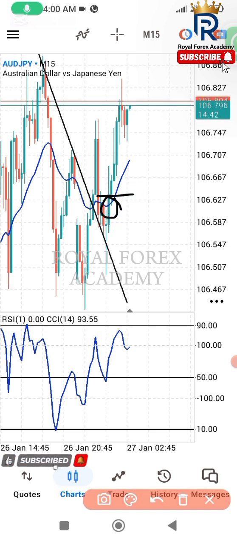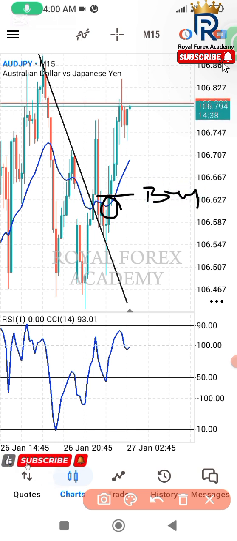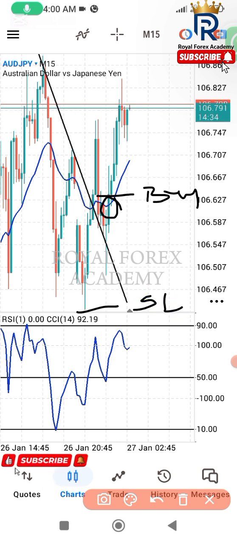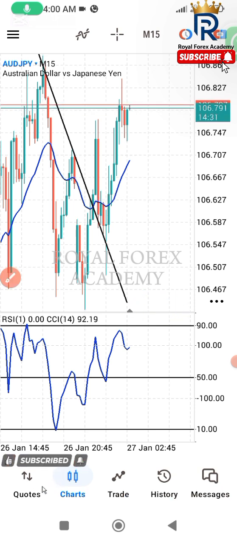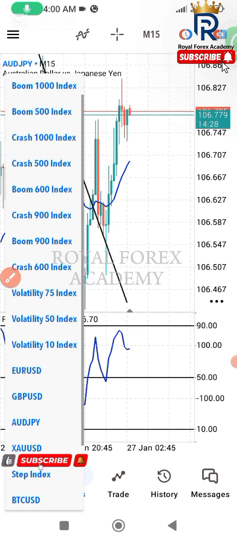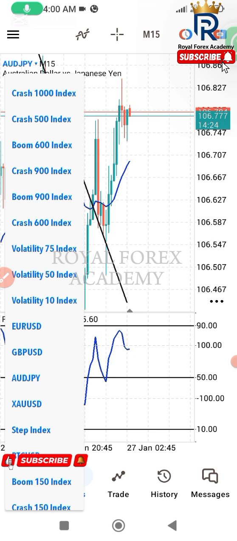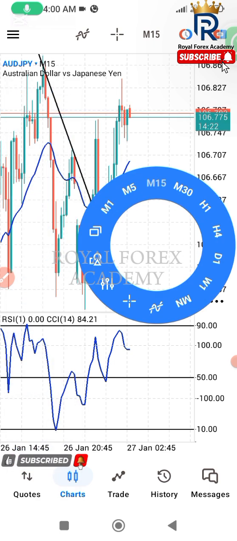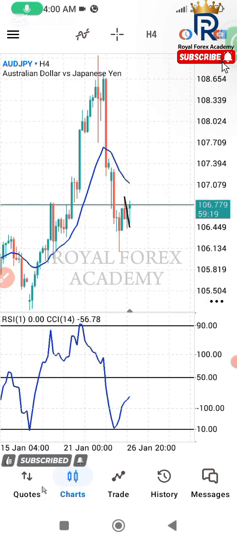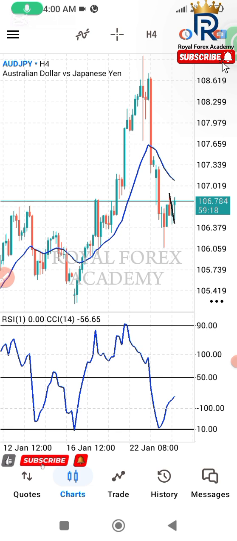So here would have been our buy entry and our stop loss would have been here. So we would have been in this trade earlier. So that is exactly how you can take advantage of this particular price behavior when price is in a very healthy trend.